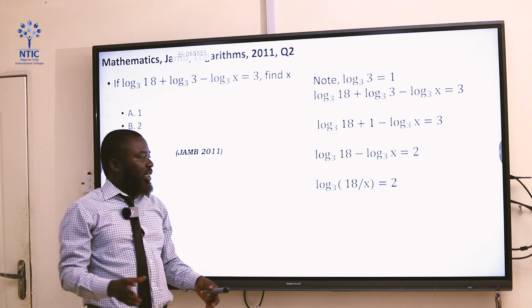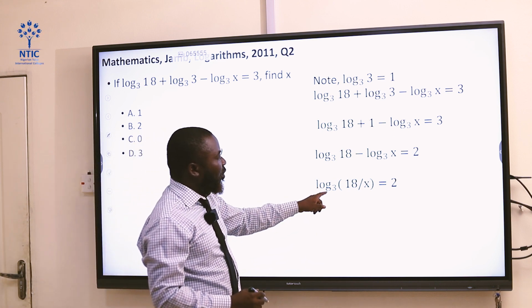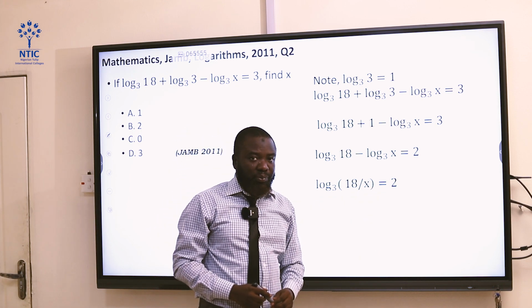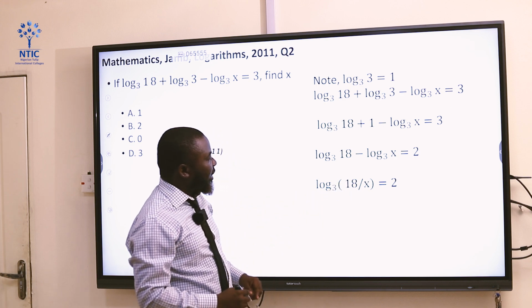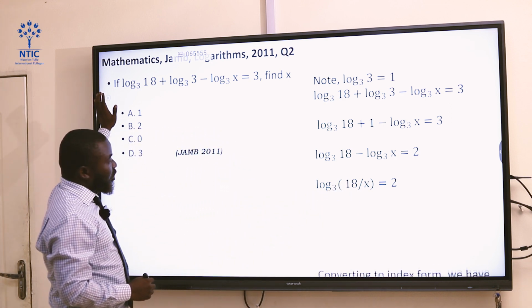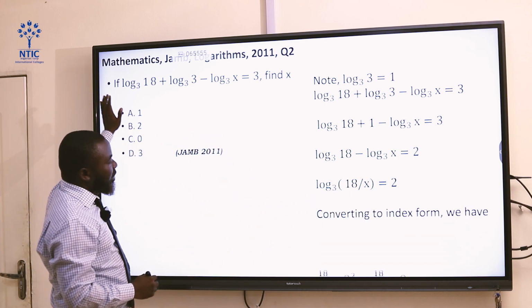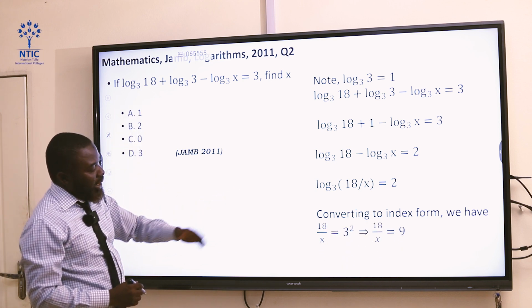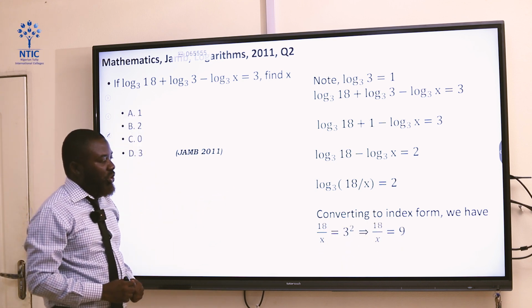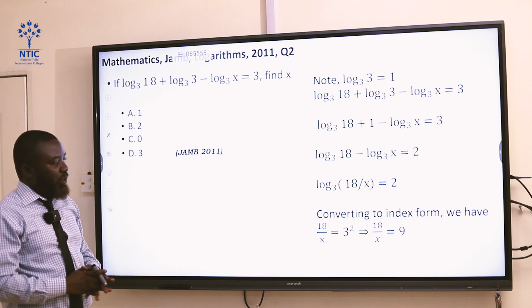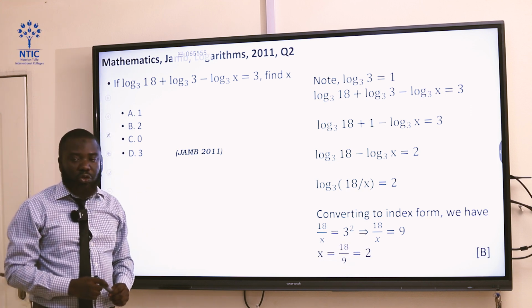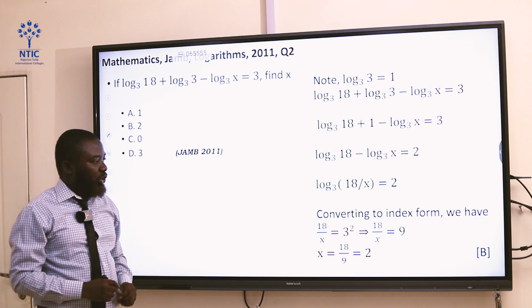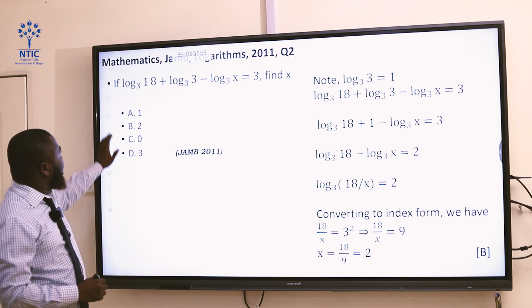Now at this point, the easiest thing for us to do is to convert this to index form by taking this 3 to the power of 2 and then 18 over x. So once we do that, we're going to have 18 over x is equal to 9. Now, if you make x the subject of the formula, we are going to have x equal to 2, which is option B.